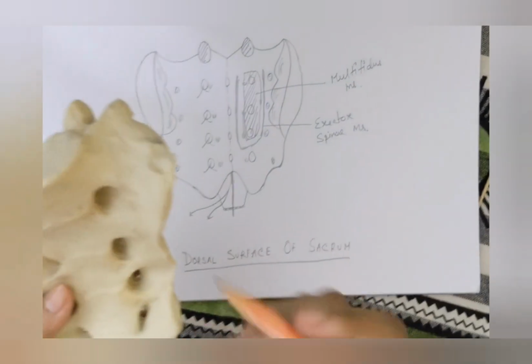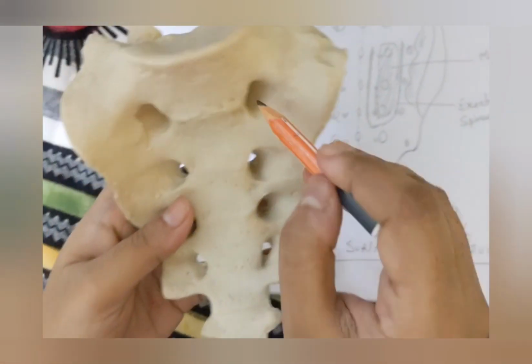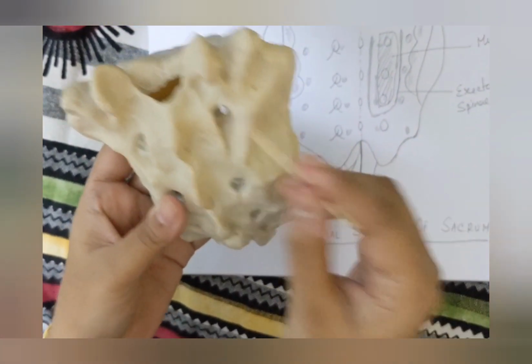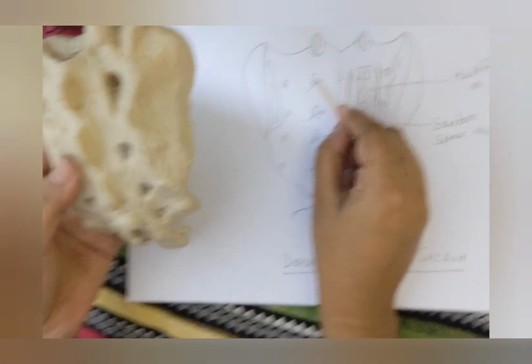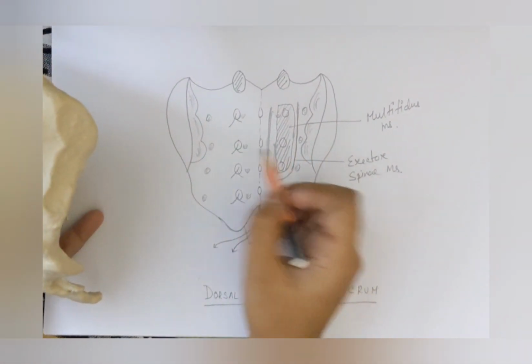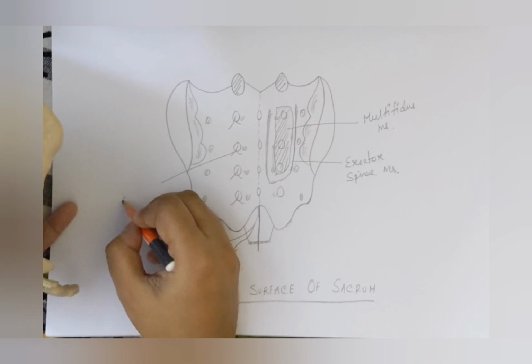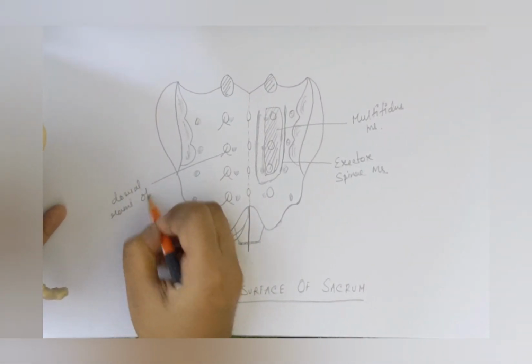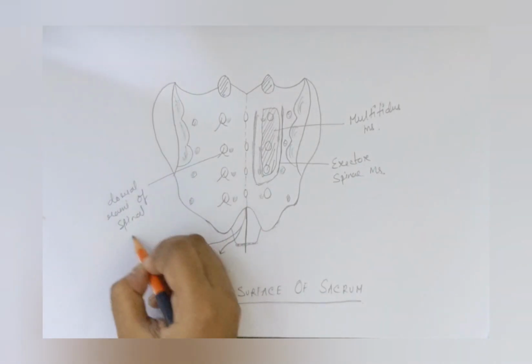Like the pelvic sacral foramina, here in the dorsal sacral foramina also we can see nerves coming out. See, nerves are coming out. These are the dorsal rami of spinal nerves.